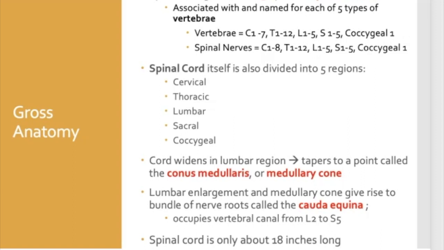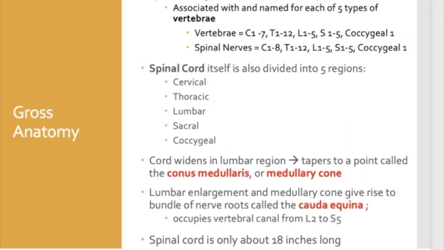We see some language that is exactly the same. In other words, the spinal cord, like the vertebral column, has a cervical region, a thoracic, a lumbar, a sacral, and a coccygeal. But when you look at the numbers of spinal nerves, you're going to have essentially an extra spinal nerve compared to the number of individual vertebrae.